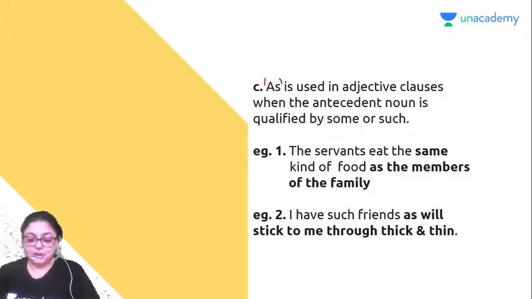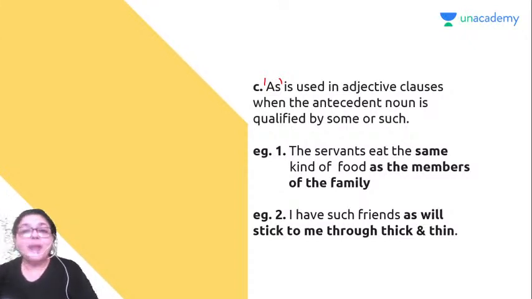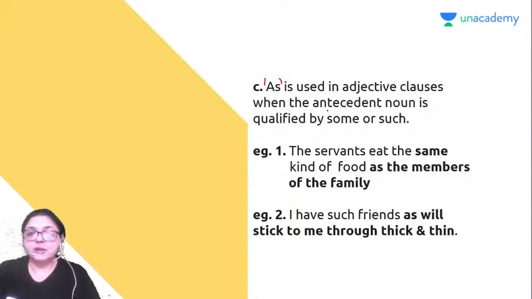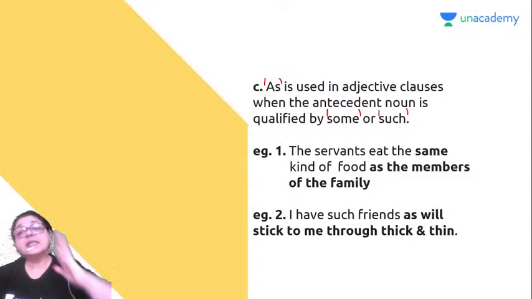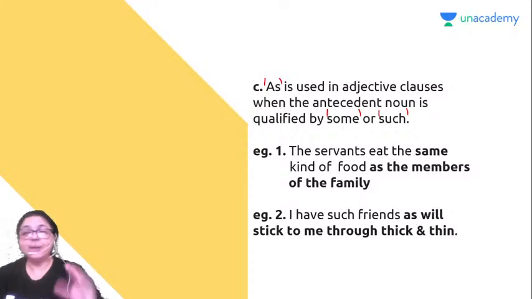As is used in adjective clauses when the antecedent noun is qualified by some or such. Now, this is some or such. The servants eat the same kind of food as the members of the family. As the members of the family, so that is my clause over here. I added as and added the whole sentence to that.